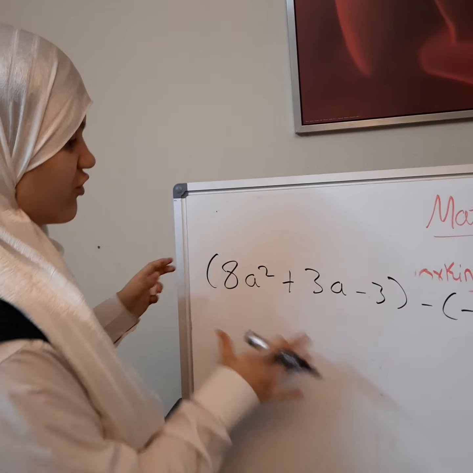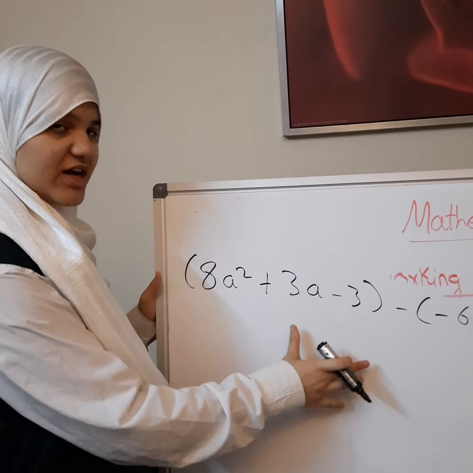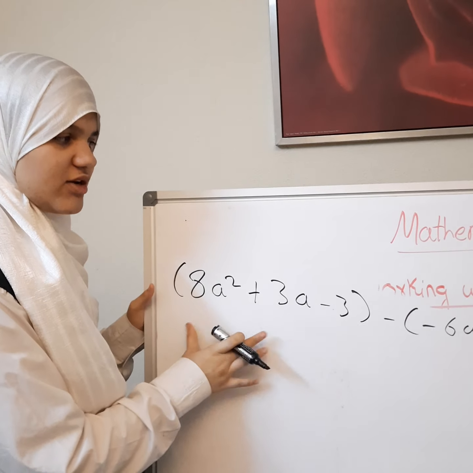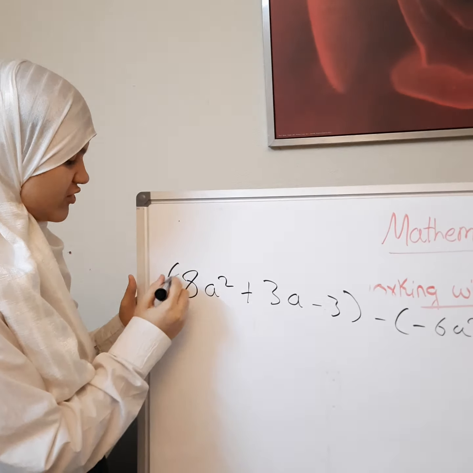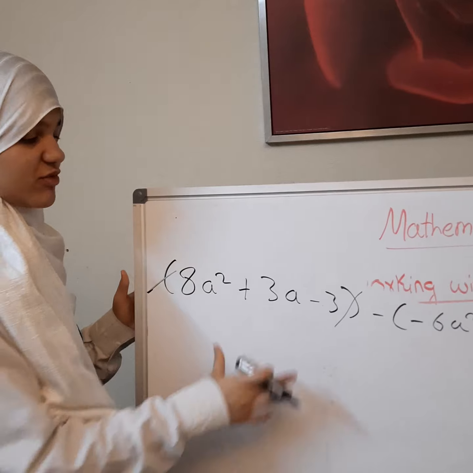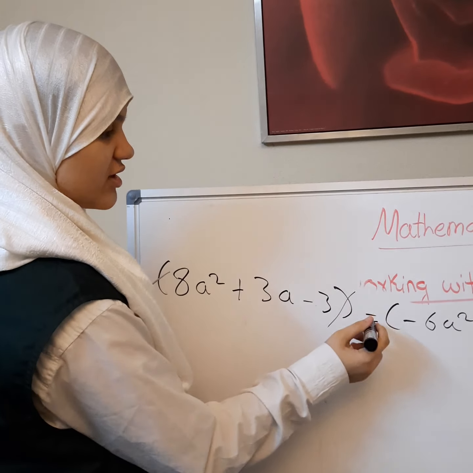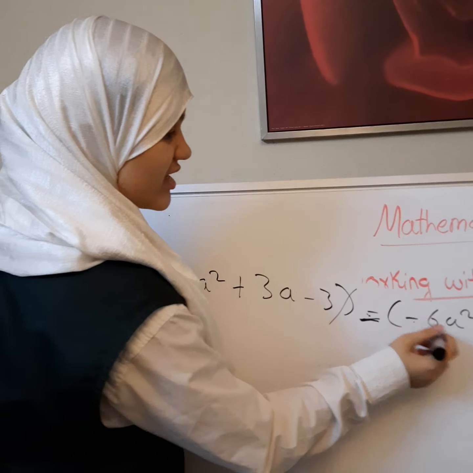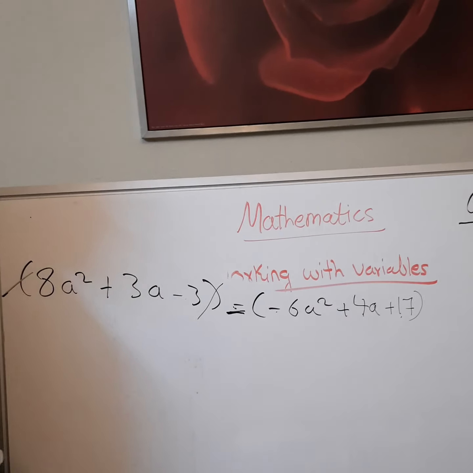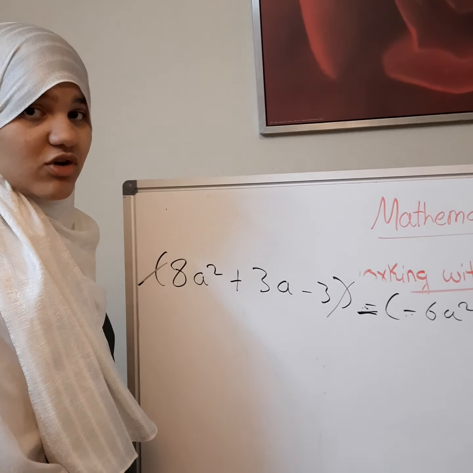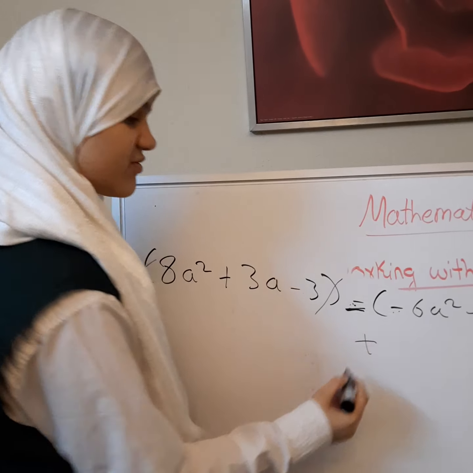First thing, before we simplify, I told you before, the first step in this question or in working with variables is to remove the bracket. But before removing the bracket, we must do times negative with the other numbers. Like how? Negative times negative, I told you, it will be positive.